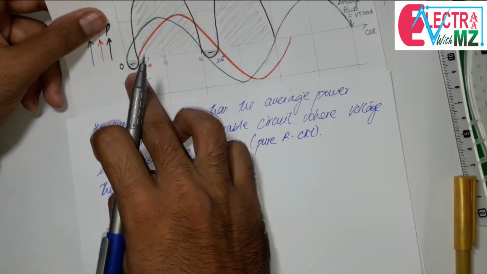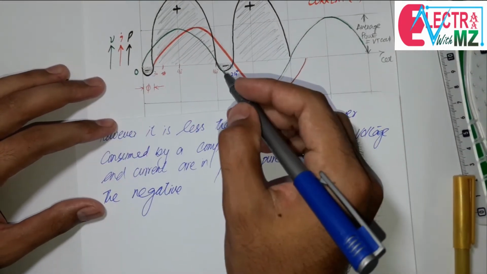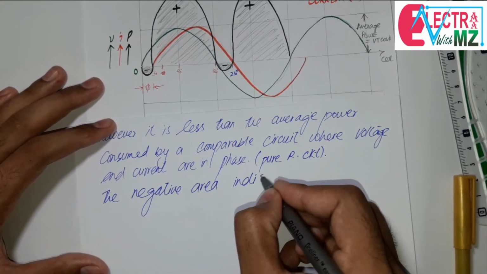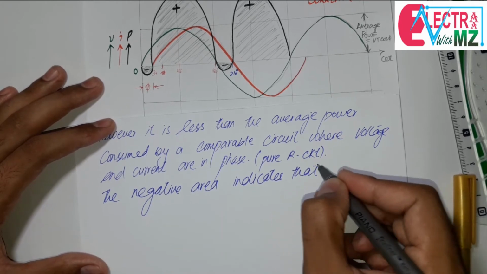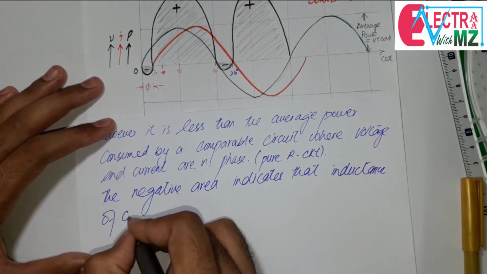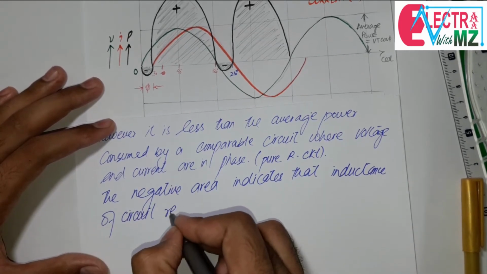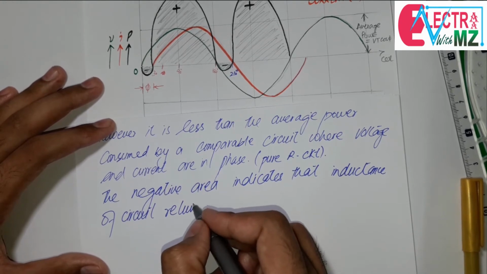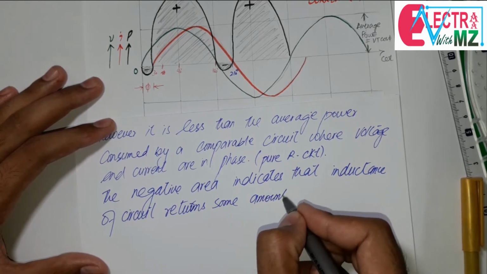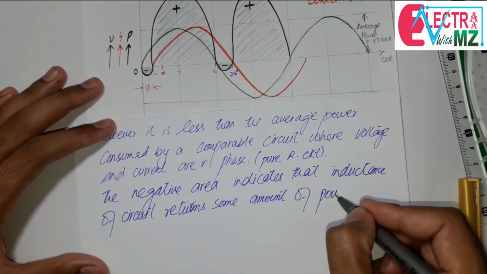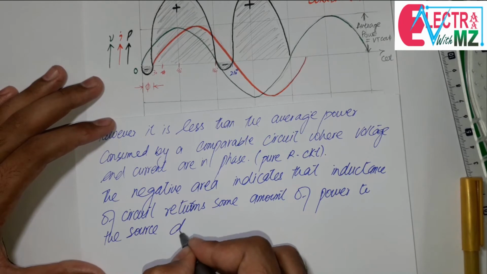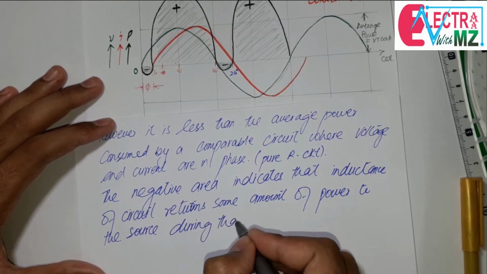that negative area, okay, the negative area indicates that the inductance of the circuit returns some amount of power to the source during that interval.